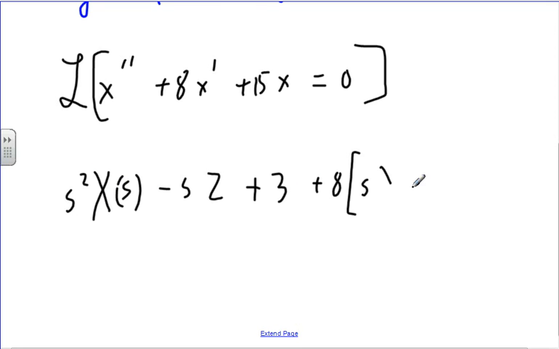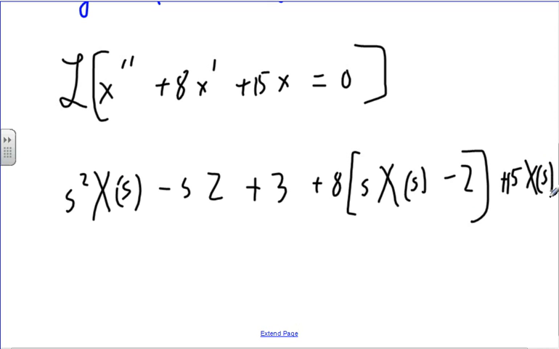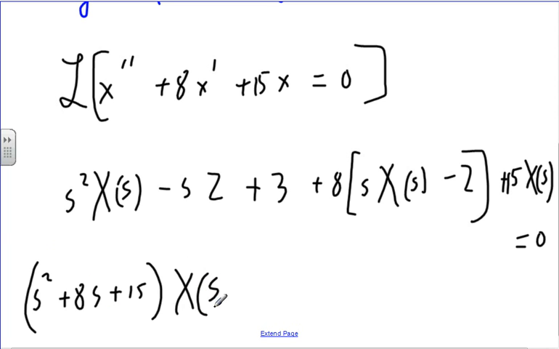We use capital X's in case you're wondering, and not little x. That's a little x, that's a capital X. All right, so I'm going to combine like terms, s squared plus 8s plus 15. Notice that looks extremely similar to the characteristic equation. I wonder why.